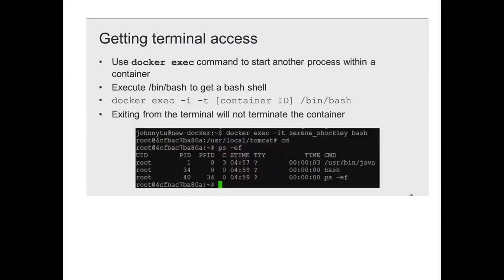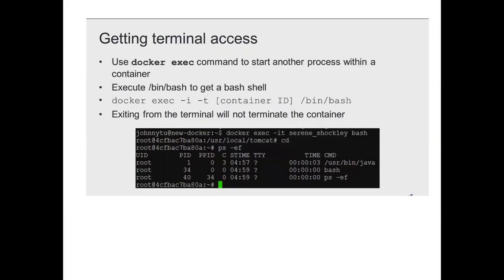If you would like to get terminal access of an existing running container, you can also use the command called docker exec. Basically, the abbreviation is execution. This is a command which will start another process within a running container.